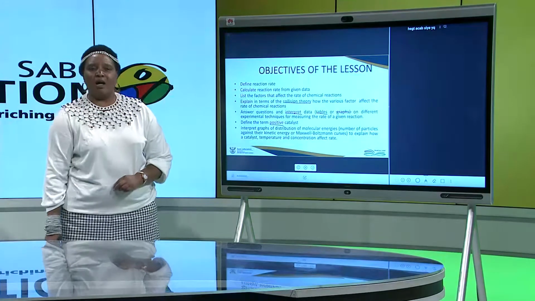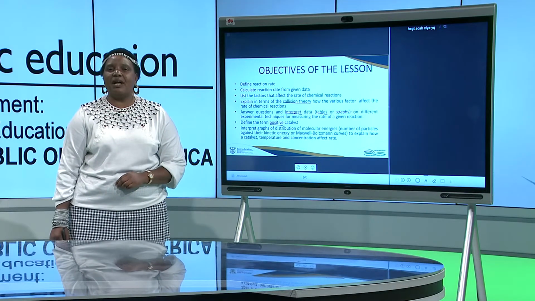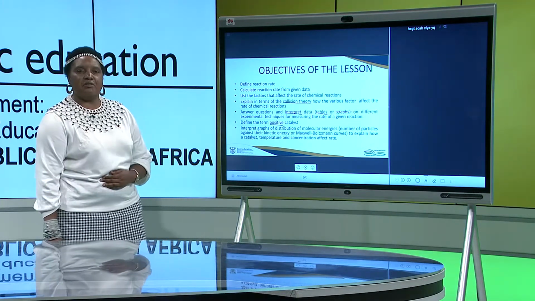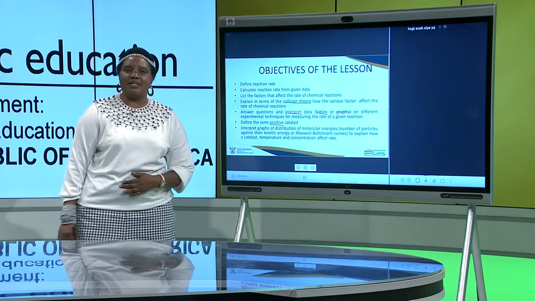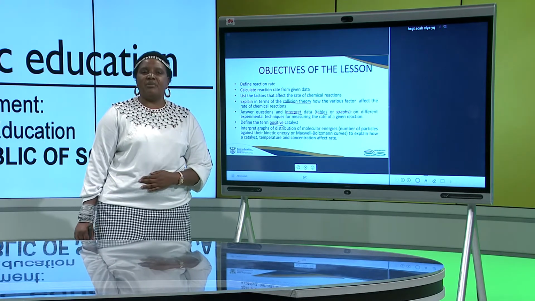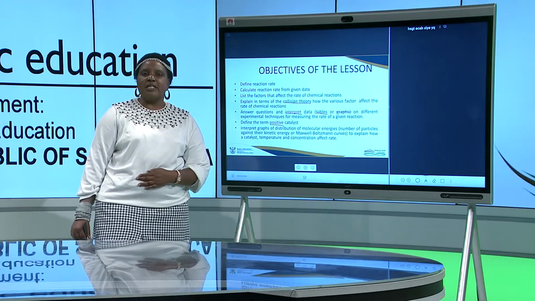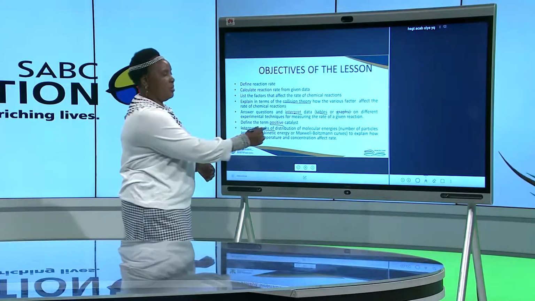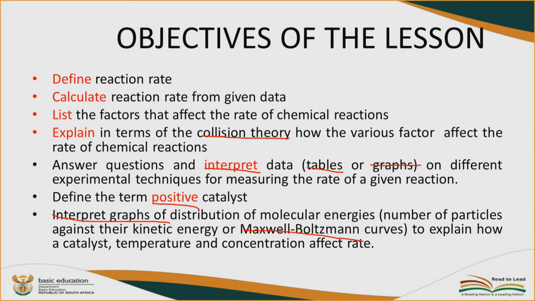In our curriculum, we only deal with positive catalysts because we are only going to deal with the factors that affect the rates of reaction, because the negative catalyst doesn't speed up the rate of reaction. Instead, it slows the rate of reaction. Continuing with the objectives of the lesson, you are also going to interpret the Maxwell-Boltzmann distribution curves.